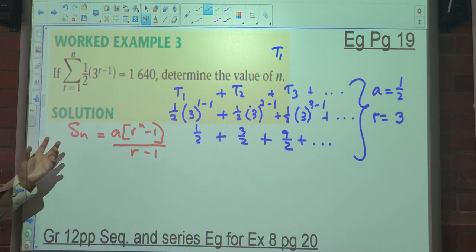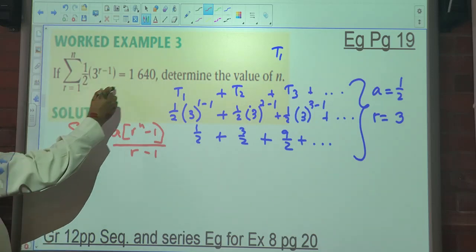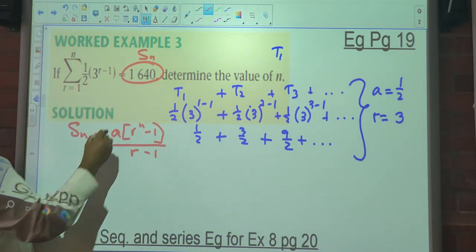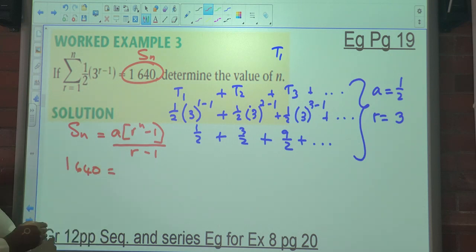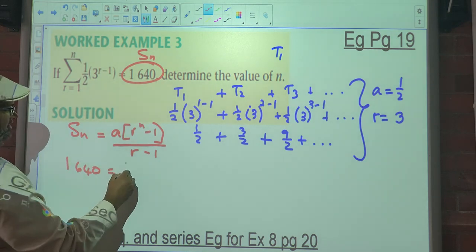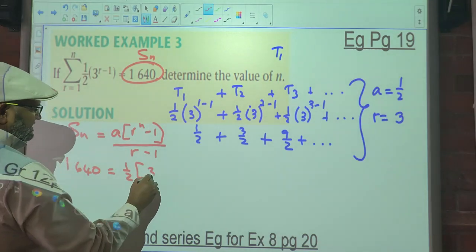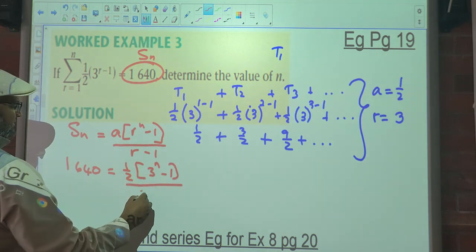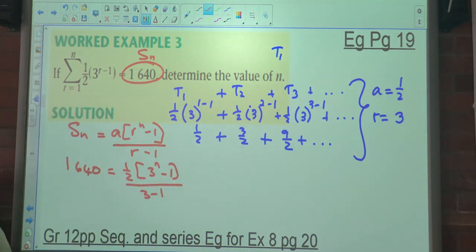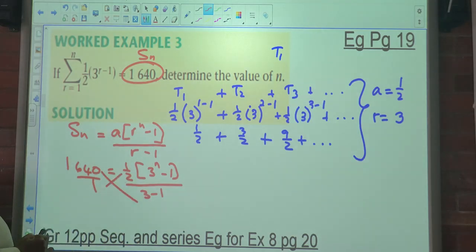So remember, what are we calculating? We're calculating n. As we said, this is Sn. So we now can say 1640 is equal to a, which is half, into 3 to the n minus 1 over 3 minus 1. What's 3 minus 1? 2. So I'm going to cross multiply by 2.